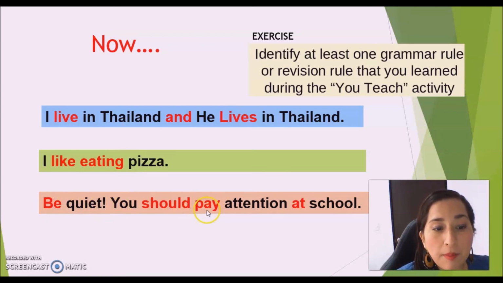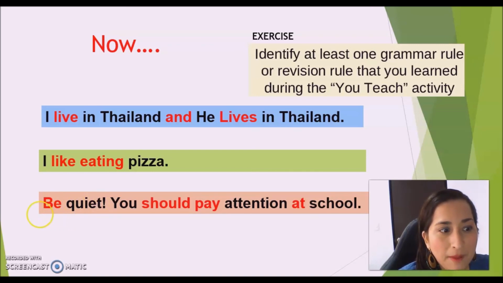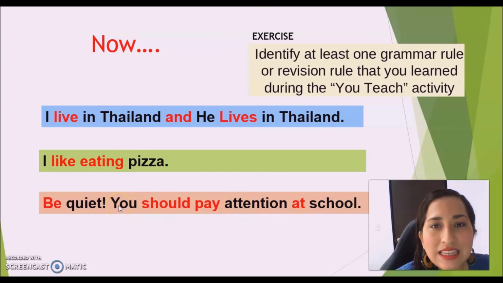You should pay attention at school. In this case, we have an infinitive, be quiet. It's an order. The rule is that infinitives don't have nouns, only the verb, be quiet.